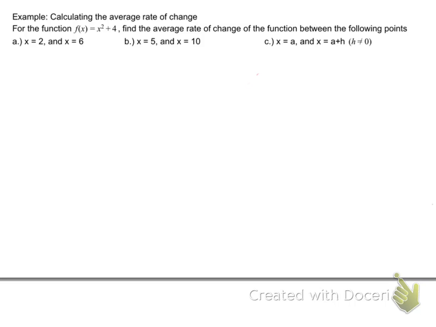So I want to find the average rate of change, so I probably should write down the formula. I'm using it. Write it down. Average rate of change, I'll just abbreviate that ARC just to save a little space. Average rate of change is f of what?